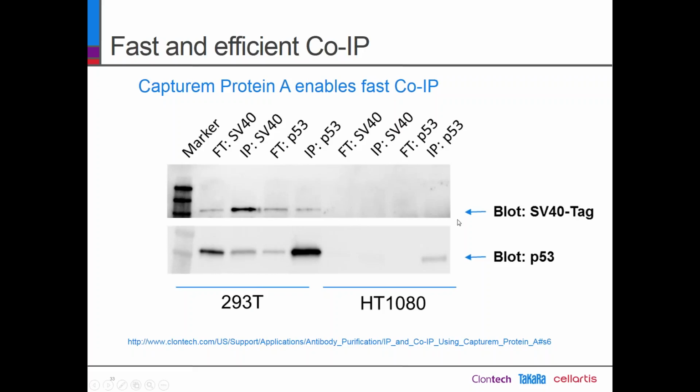As a negative control here, we used cells that do not express the SV40 T antigen, so they are called HT1080 cells. They do have P53 because that's of course expressed in almost all cell types, but we cannot precipitate any SV40 with it because it's not present. So that's a negative control.